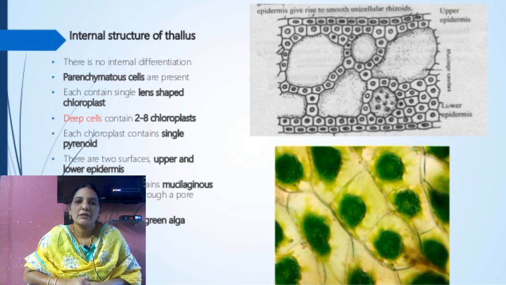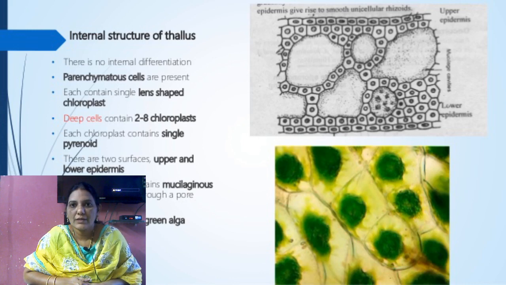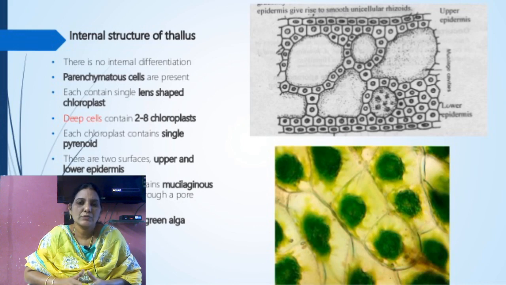So the middle region is made up entirely of parenchyma tissue, and the parenchyma cells are all equal in size. Each parenchyma cell has one chloroplast, and each chloroplast has one pyrenoid.